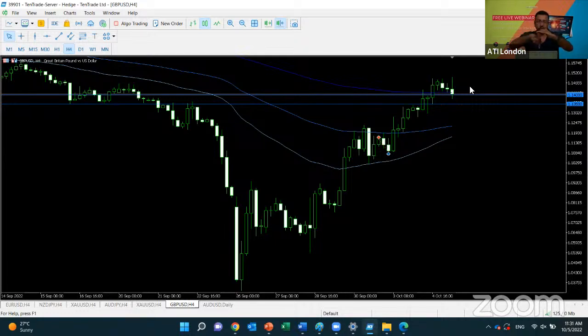The longer the wick on the candlestick, the longer that needle-like formation, the weaker the movement is going to be in that direction. That basically means the movement in that direction would be slower, or would be dying down, with the interest from respective buyers or sellers.